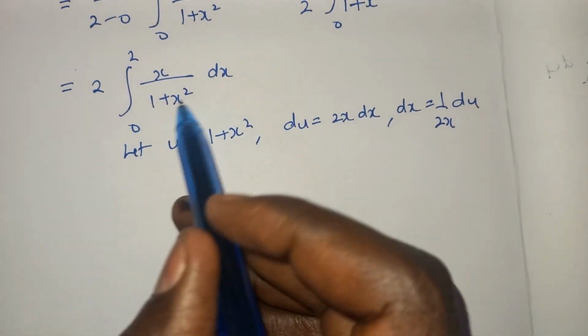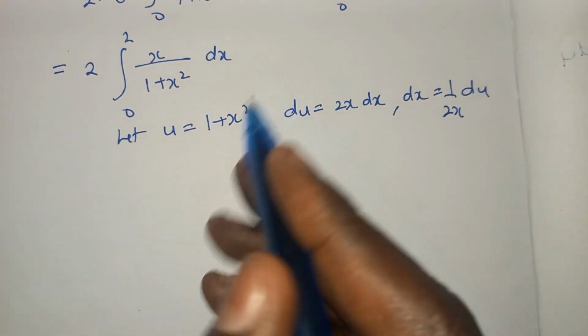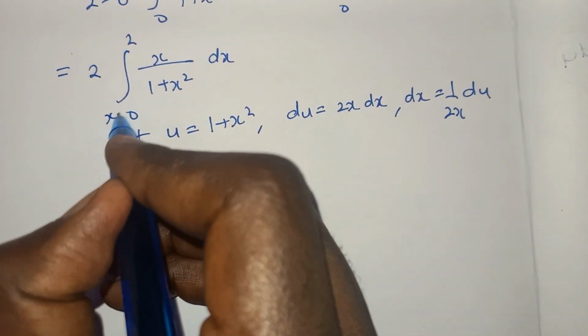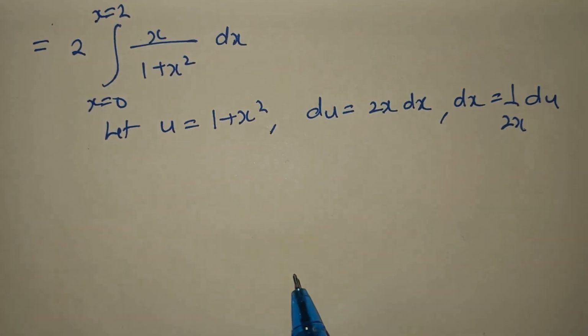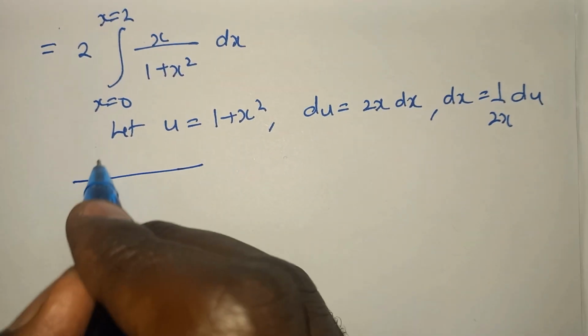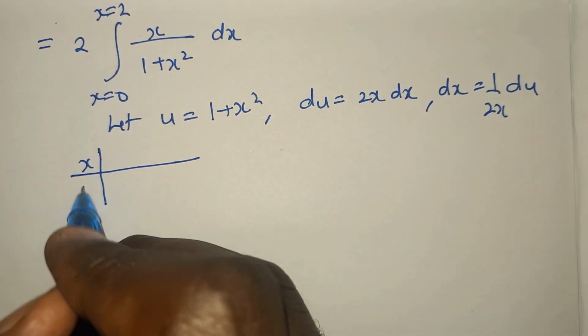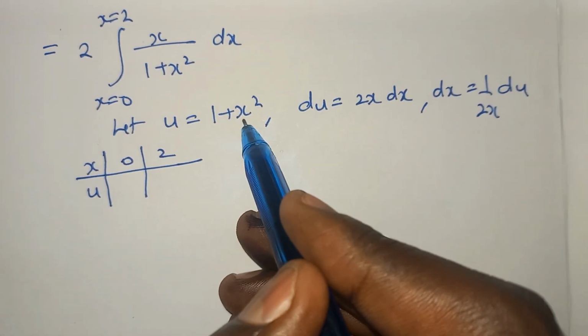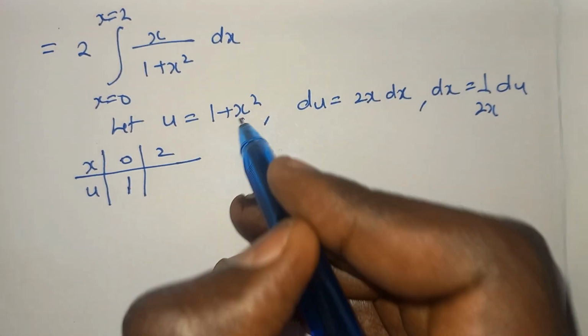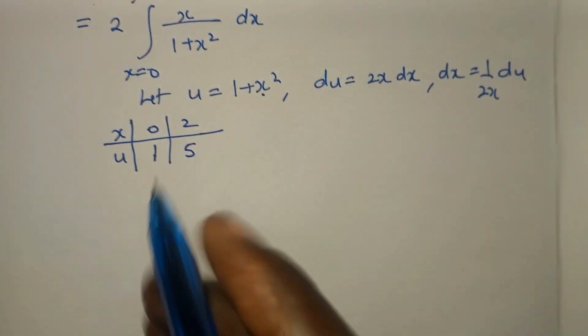Now, since we are transforming the variable x to u, we also need to change the limits which are in terms of x so that they are in terms of u. So if we were to do that using a table, when x is 0, u is 1. When x is 2, u is 5.